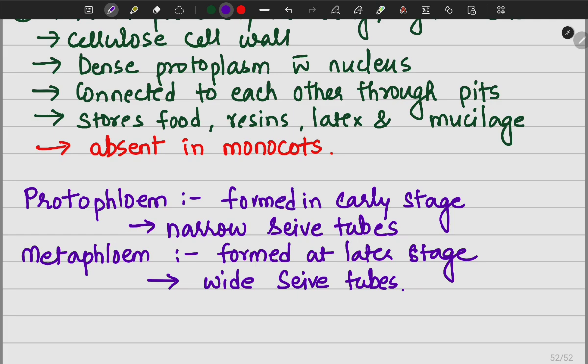So protophloem has narrow sieve tubes and metaphloem has bigger sieve tubes. Both will be differing in this manner along with the stages in which they are formed in the life of a plant. Alright, so this completes everything about the phloem, and along with that we complete the complex tissues found in the plant, that is xylem as well as phloem.